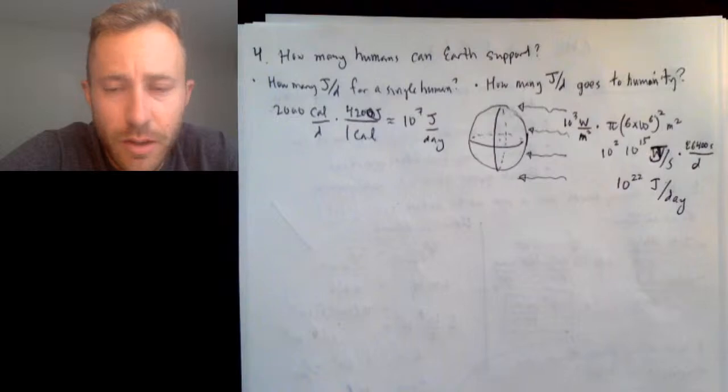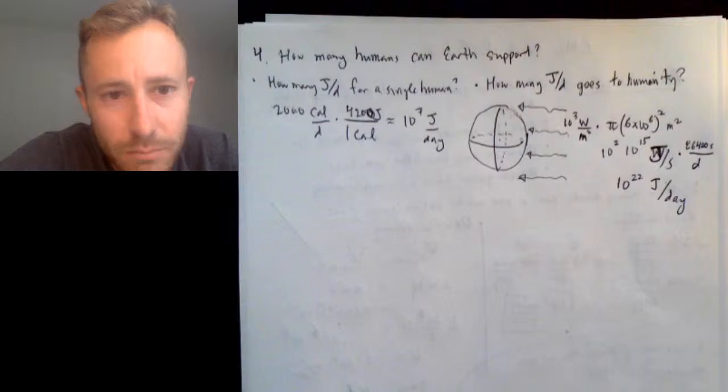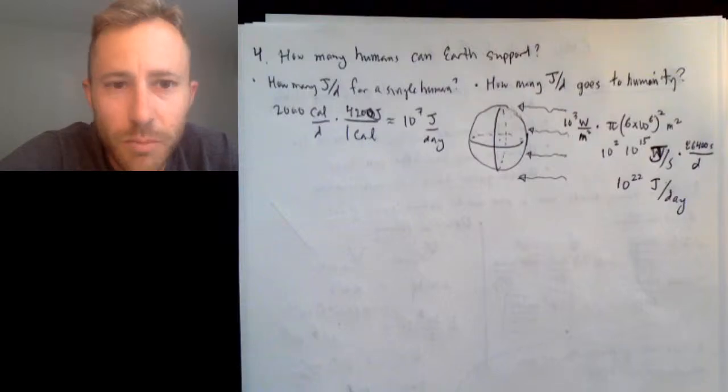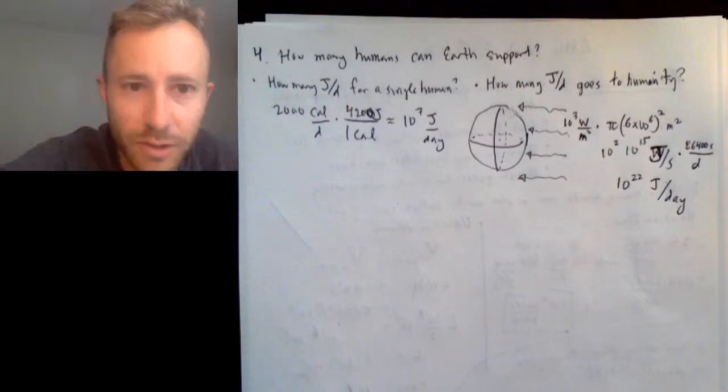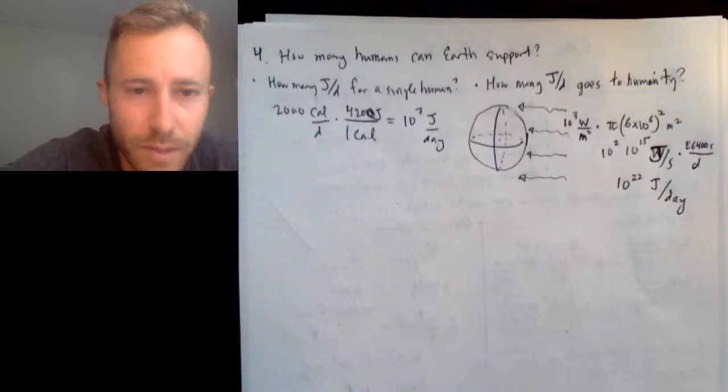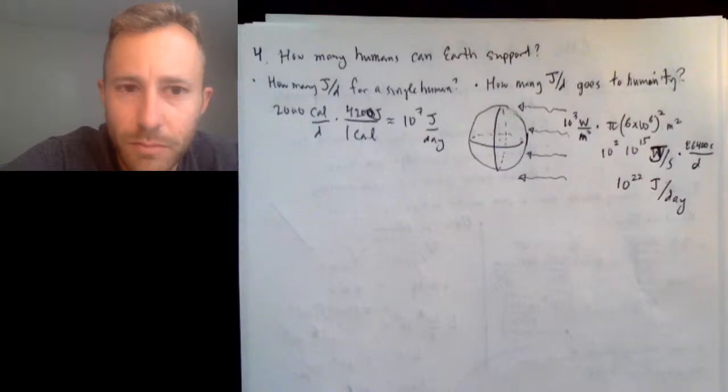All right? So if we think about it, we have primary producers. Okay? So primary producers are the ones that are actively converting the sun's rays into energy.